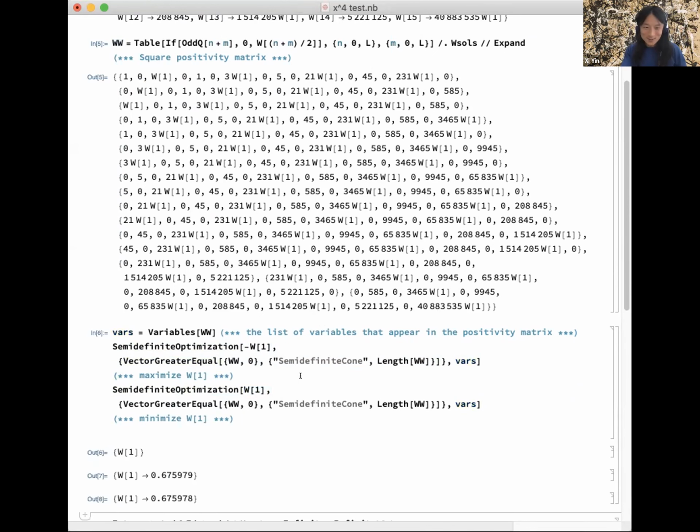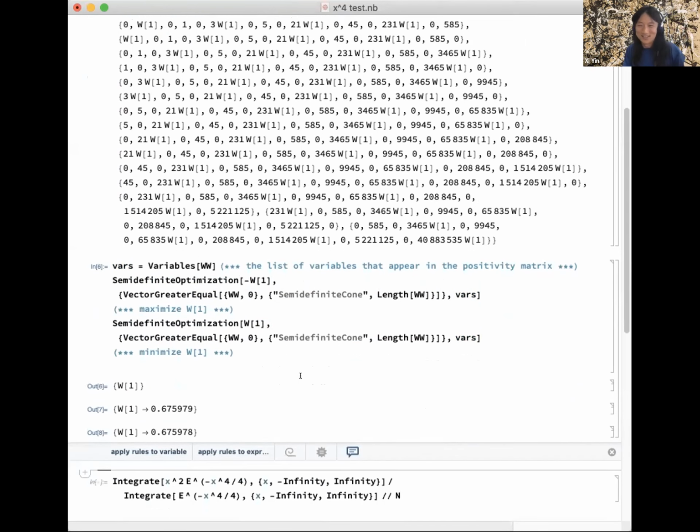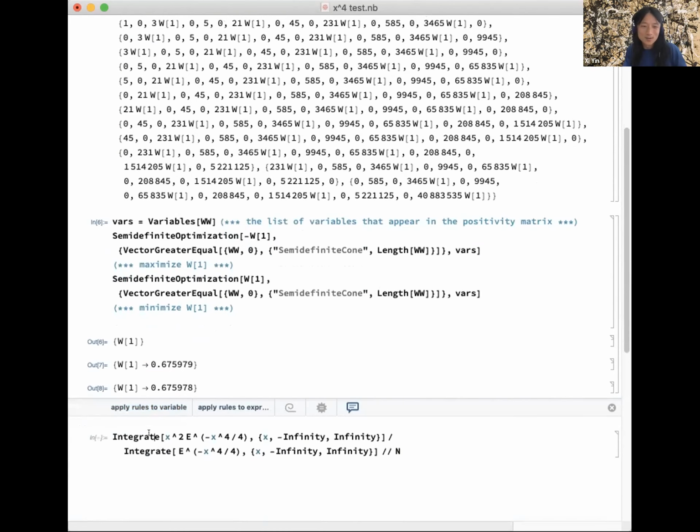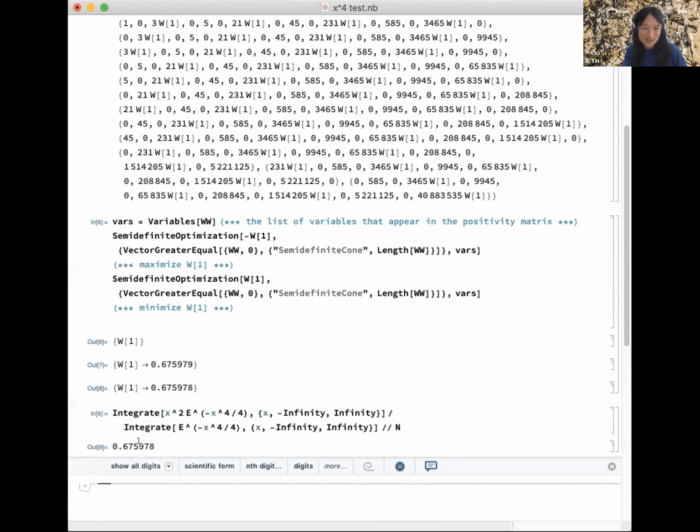So you just solve it. It literally takes a second. It gives you the answer, and you can compare with the actual integral. Mathematica can do it numerically, and you see that it agrees. So that's it. The rest is to generalize this, which you can obviously do, to the Ising model as I have described.